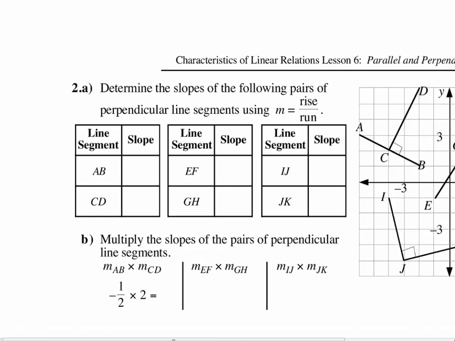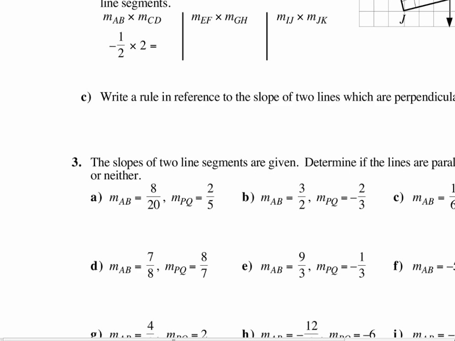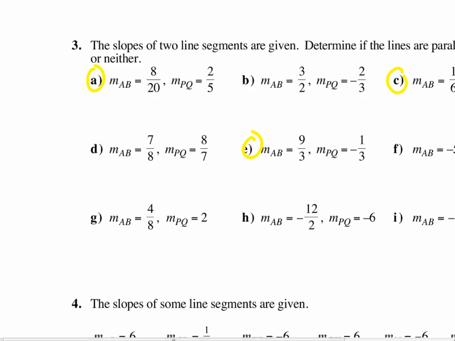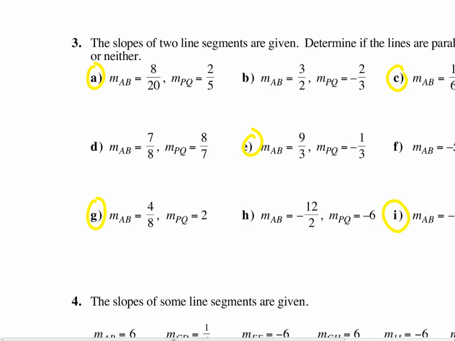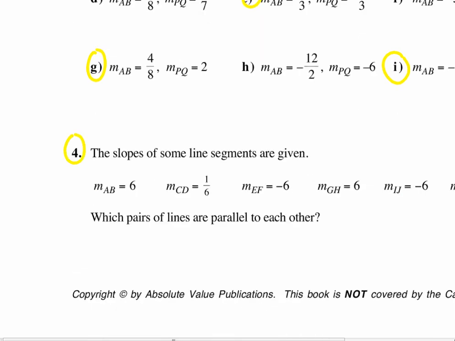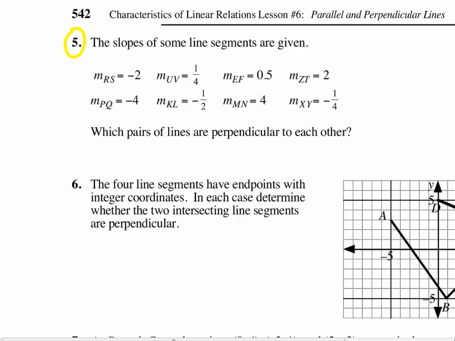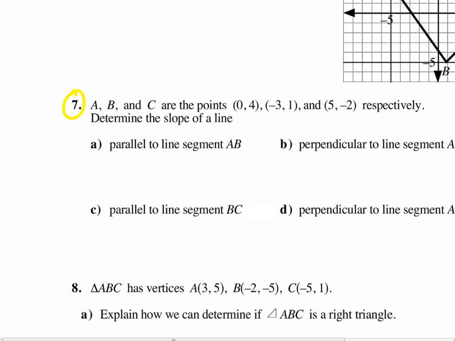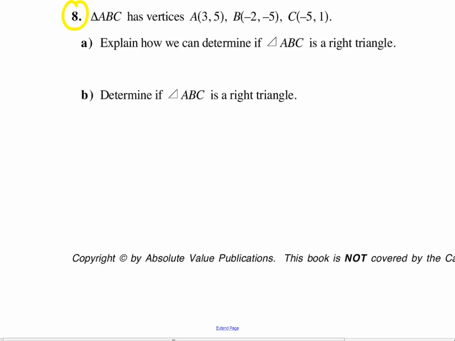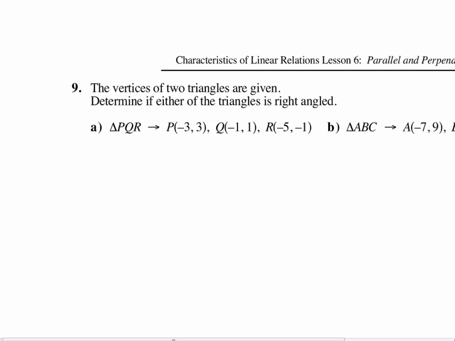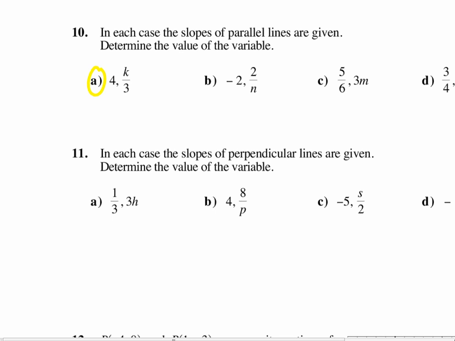It's going to start getting a little bit more challenging soon, so you want to make sure you have this down. 3 is A, C, E, G, and I. All of 4, 5, not 6. 7 and 8. 10 A and D, so not 9. A and D. And 11 A and C. And then 15.